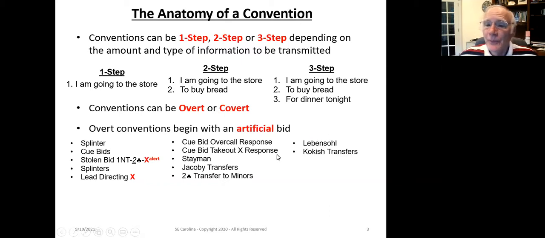All right, the three-step is a little bit more complicated and more sophisticated in that you're going to need 3 bids within the process to fully describe what you have in your hand.